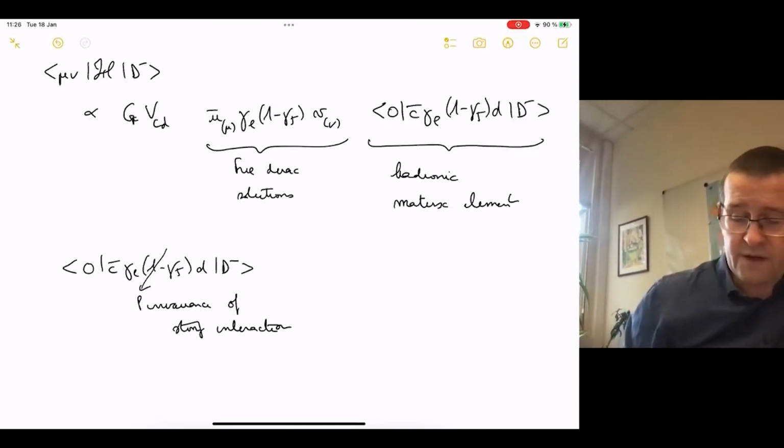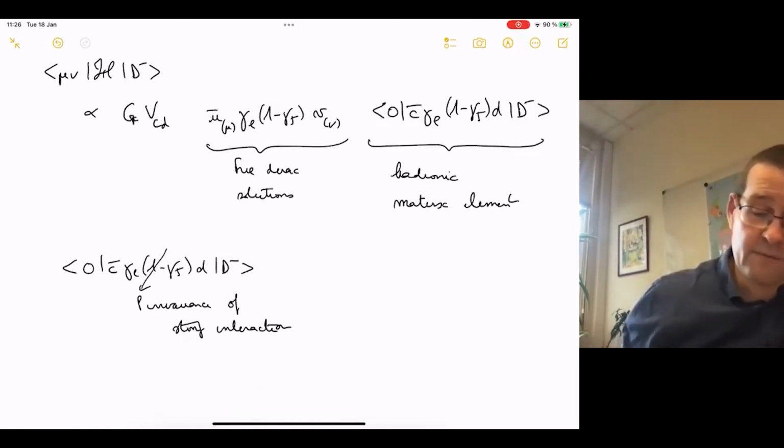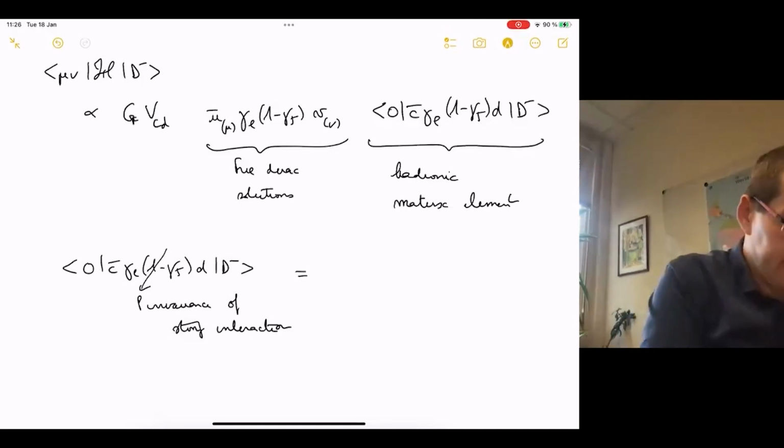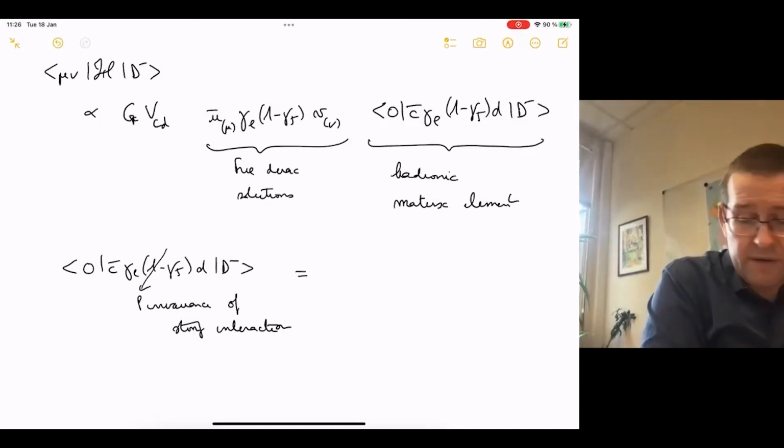And then this matrix element has a single Lorentz index, and depends on a single kinematic quantity, which is the momentum of the D. There is nothing else.